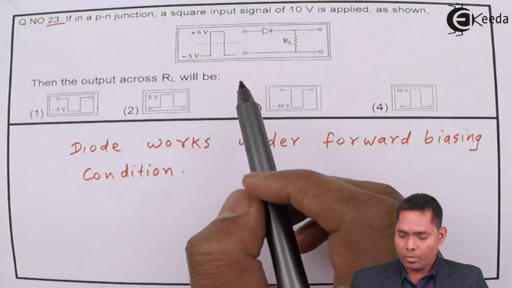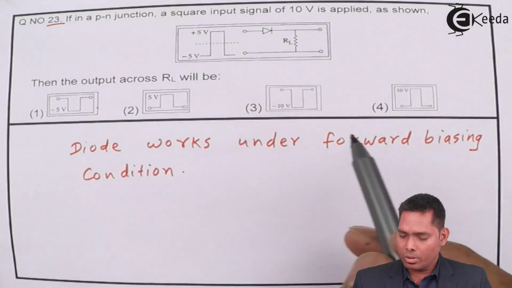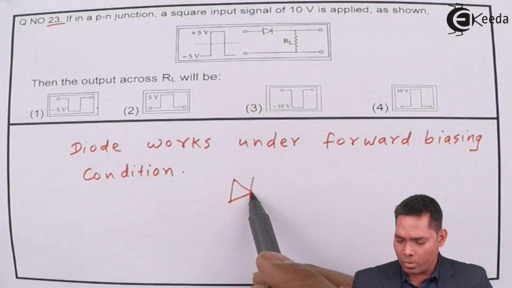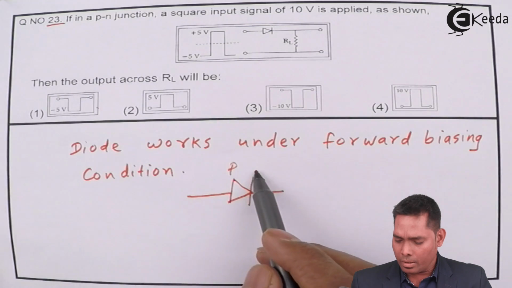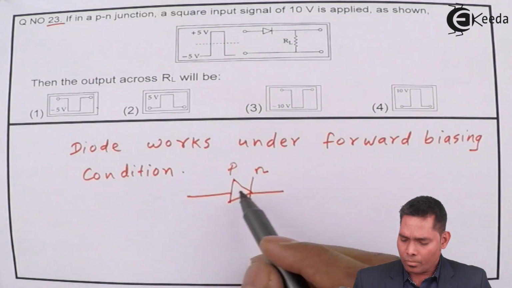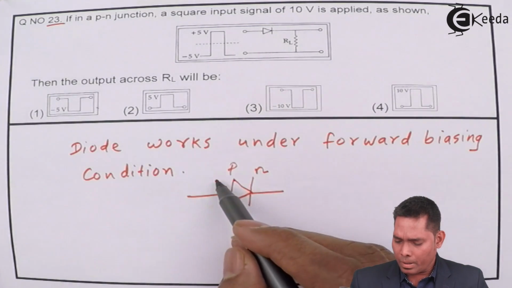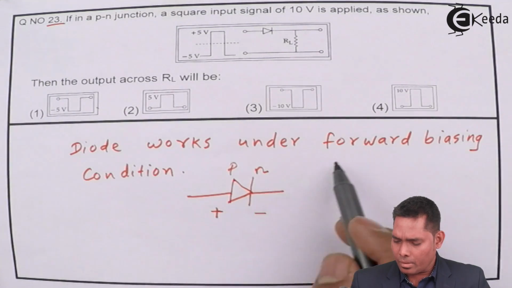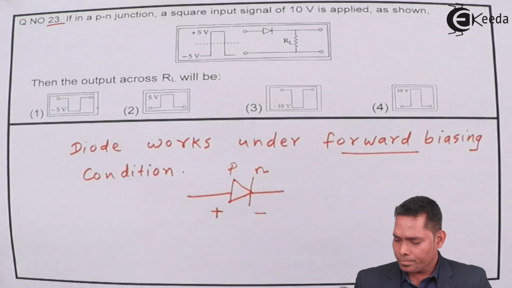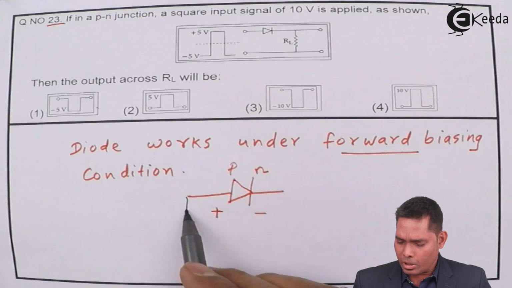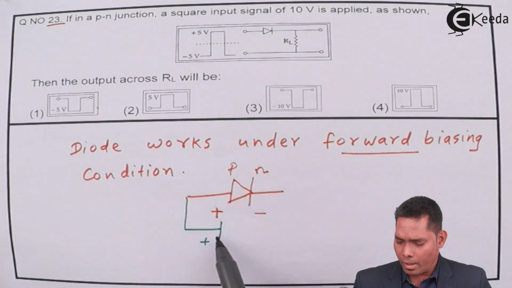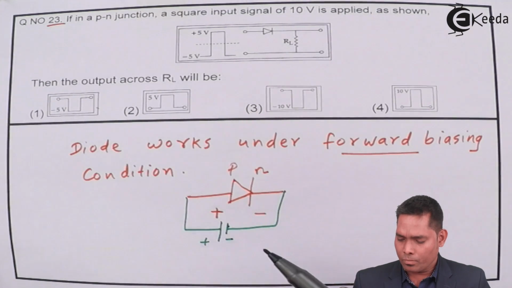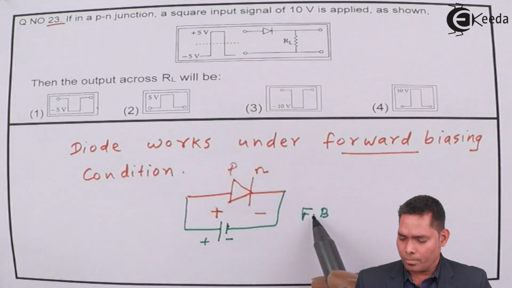That means this will work. This is a diode, a block diagram of a diode. This is P and this is N, a PN junction diode. This is plus and this is minus. Forward biasing implies that this P is connected to the positive terminal of the battery and N is connected to the negative terminal of the battery, and this is called forward biasing.